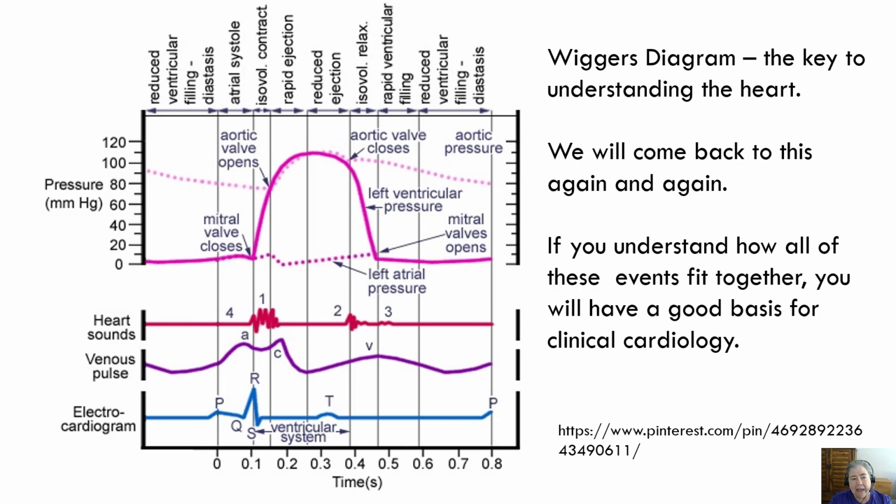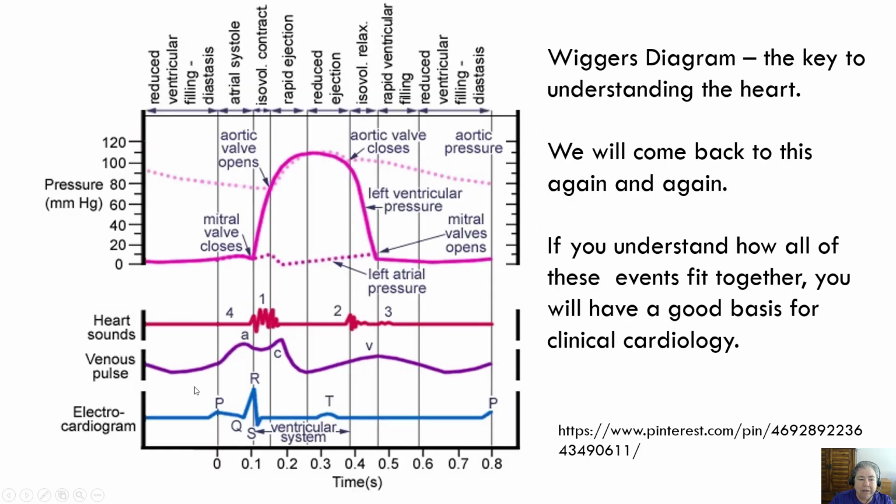And now we have ventricular contraction. And again, we are really here talking about the left side. Down here I'm talking about the right side, but it all works together. When the pressure in the ventricle exceeds the pressure in the aorta, then the aortic valve opens.